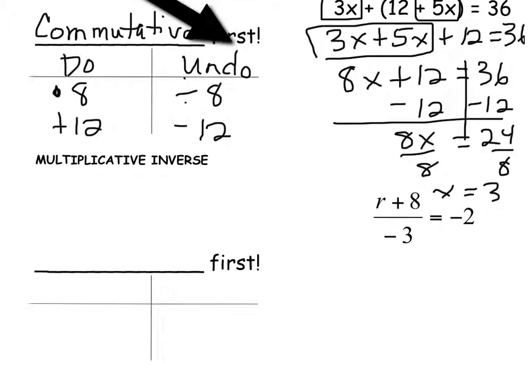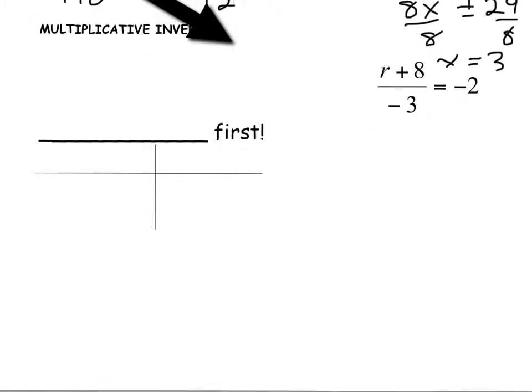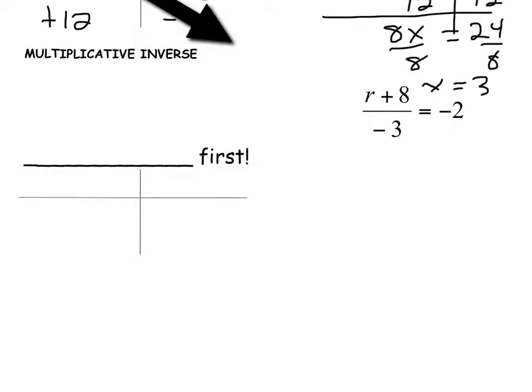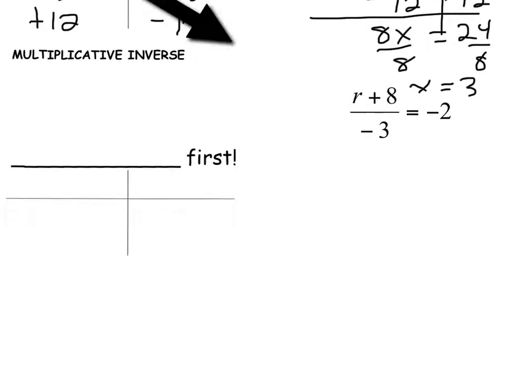Now in the last set of problems, what you're going to see are some variables that are in fractions. So if you take a look, you'll see (r plus 8) all over negative 3 equals negative 2.